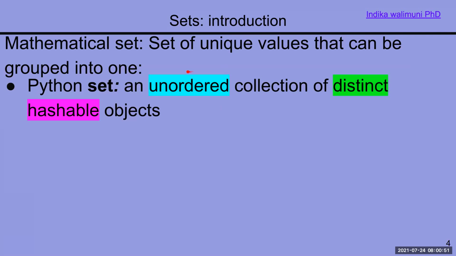Unordered: a list is ordered, so we can have an index and go one element after the other following the index. In a set, you can't do that. Unlike strings, tuples, and lists, sets are unordered, and they're a collection of distinct elements. All the elements inside are distinct, and those elements must be hashable. That means they must be immutable objects.